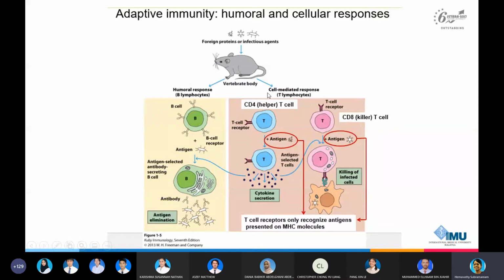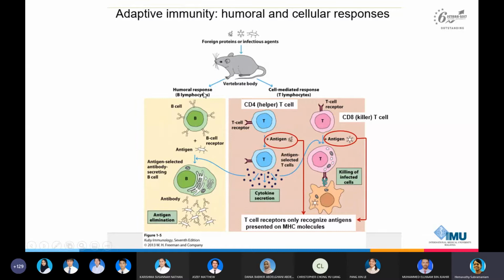So basically, the major arm of the immune response will branch out to innate and adaptive. Under adaptive, there are more subsets: humoral and cell-mediated. Humoral and CMI, cell-mediated immunity. Humoral refers to B cell response, and cell-mediated immunity, CMI, refers to the T lymphocyte response.